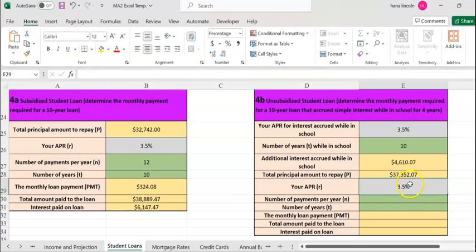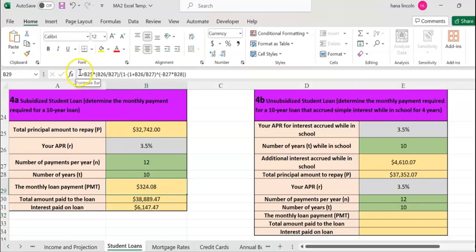Now n is the number of payments per year, that means the number of months in a year. The loan period is 10 years; you're going to pay for the next 10 years after graduation, and the monthly payment, PMT, is going to be computed exactly using this formula.